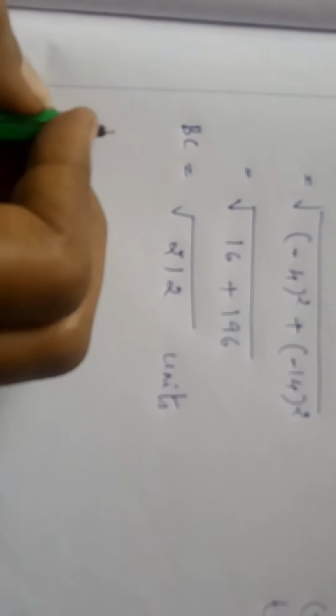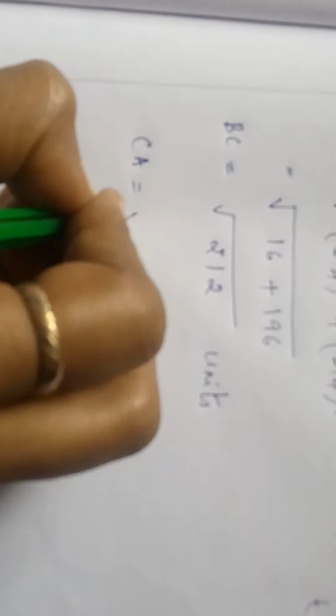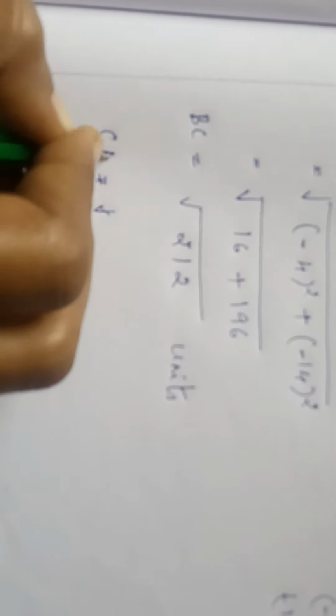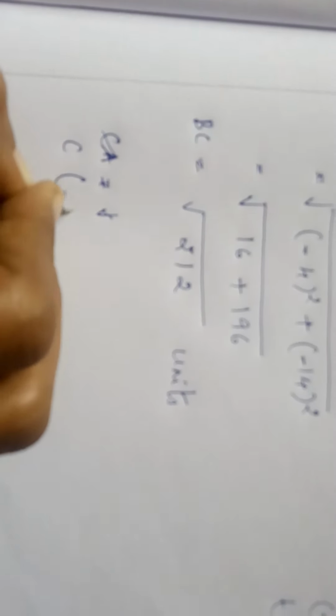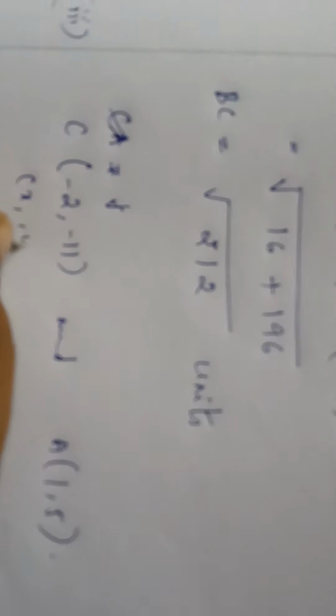Okay. Now consider CA. C(-2, -11) and A(1, 5). This is x1, y1 and this is x2, y2.